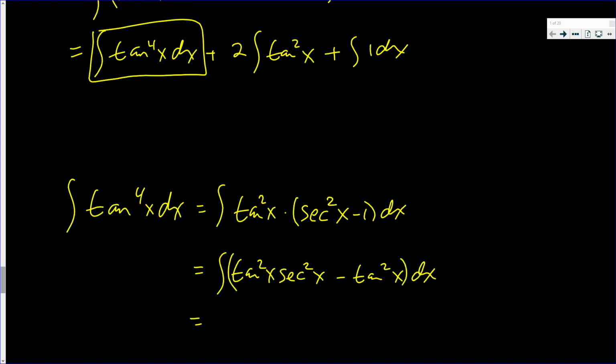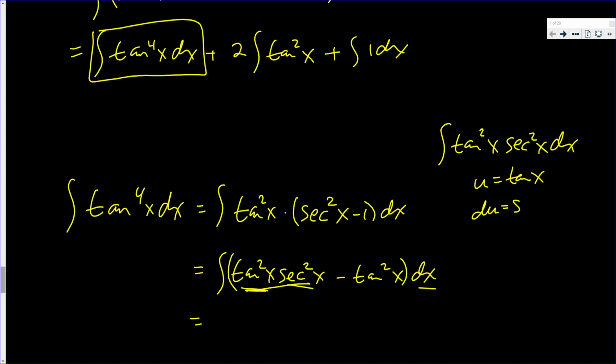Now remember, the derivative of tangent x is secant squared x. So the integral of tangent squared x secant squared x dx, this integral, if I let u equal tangent x, then du is secant squared x dx.